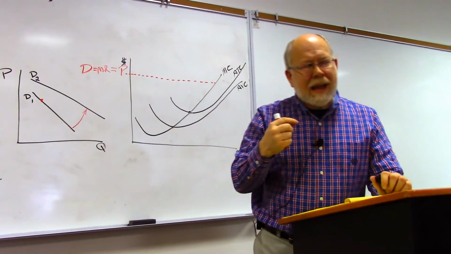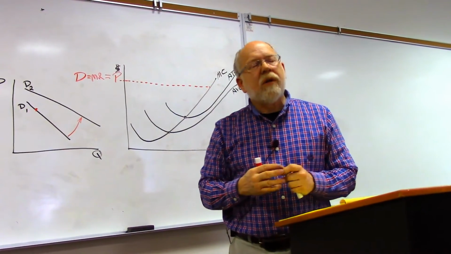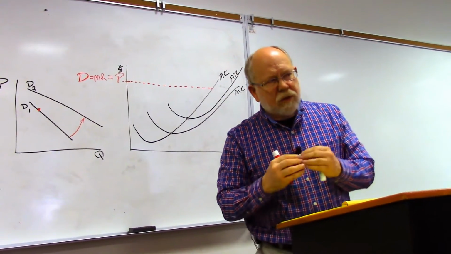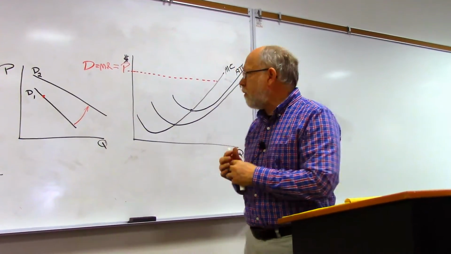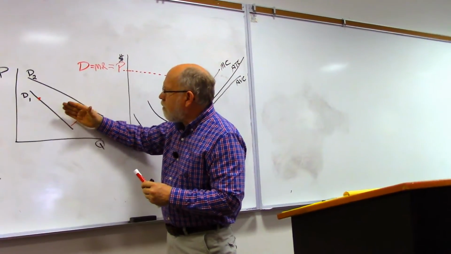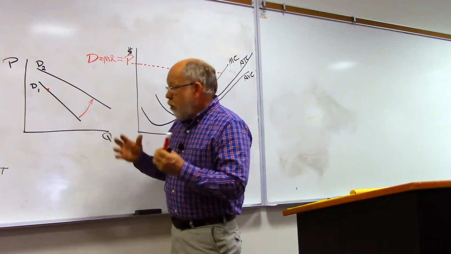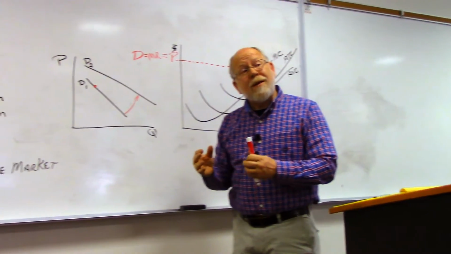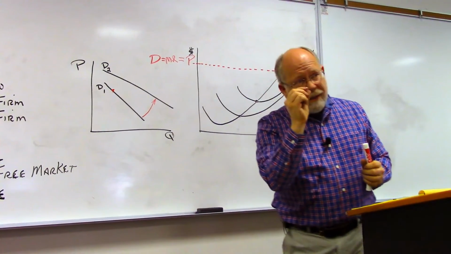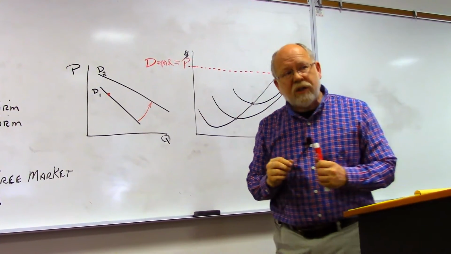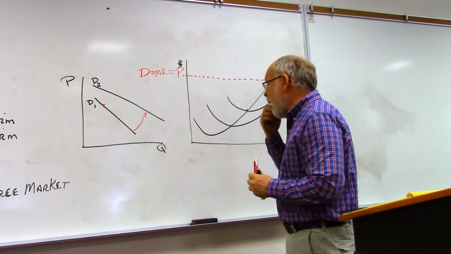We said that elasticity was a measure of how sensitive consumers were to a change in price. And as this curve becomes flatter and flatter, consumers become very, very sensitive to the slightest little bit of price change. They change their buying behavior dramatically.